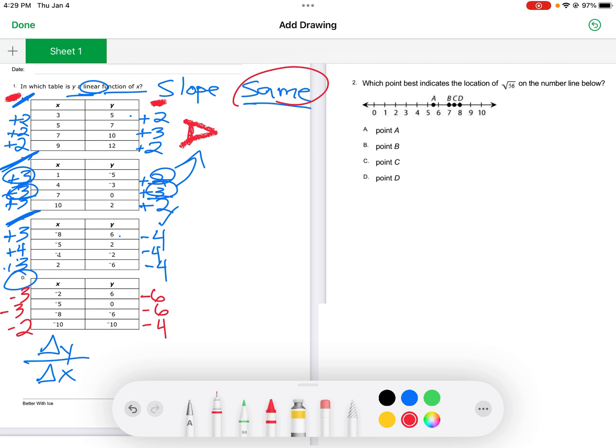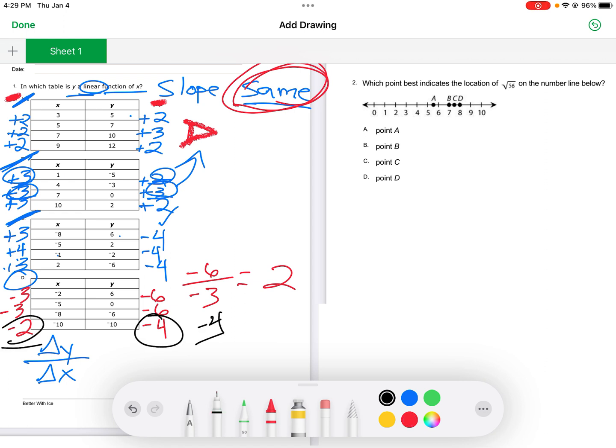The reason why D is my answer is because technically my slope is staying the same, because negative 6 over negative 3 is equivalent to 2. And then I have negative 4 over negative 2, which also simplifies to 2.